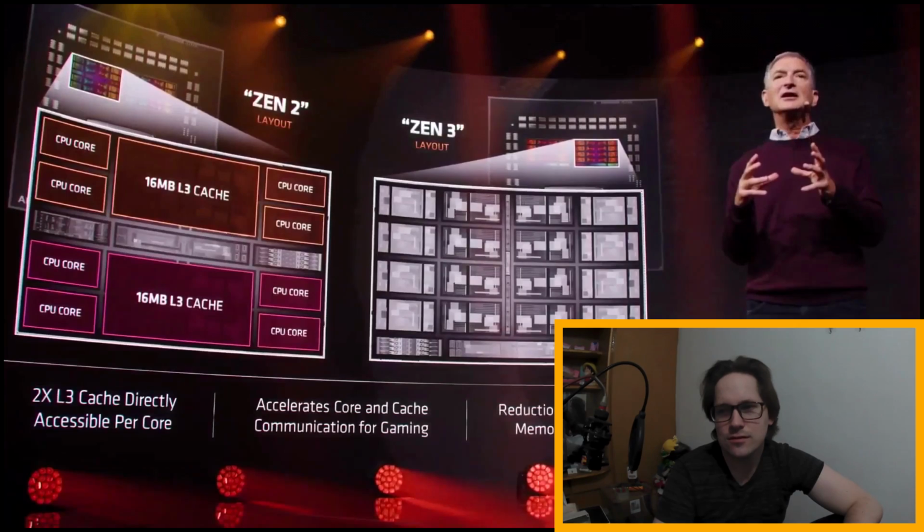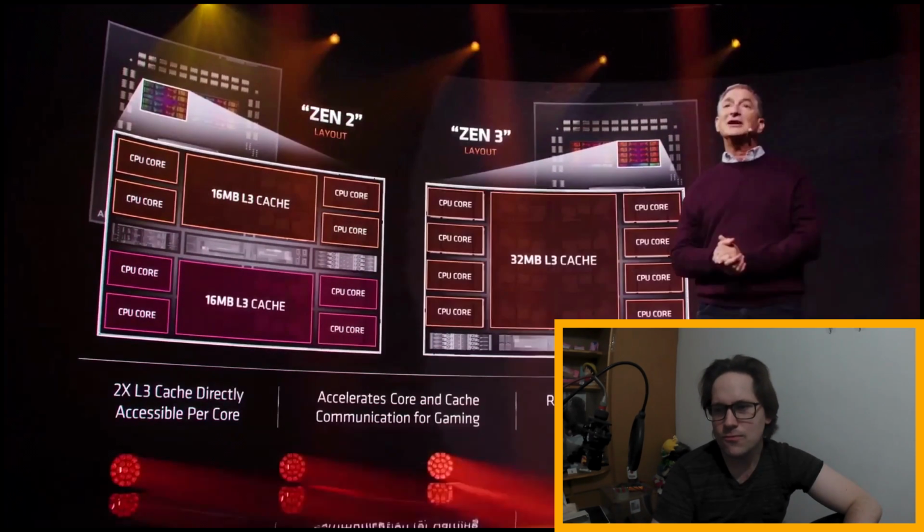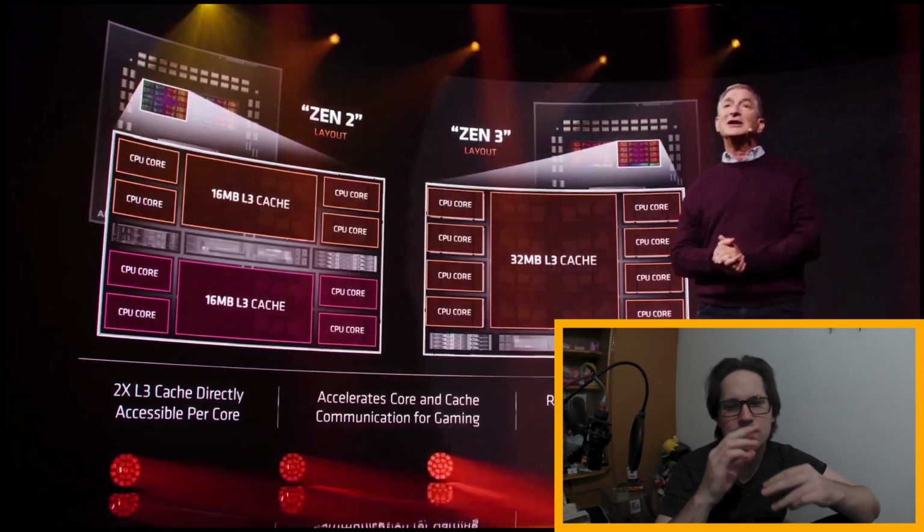So we've got a slide of the Zen 2 layout and the Zen 3 layout. Like he was explaining, we have 8 CPU cores on the left on the Zen 2: 1, 2, 3, 4, 5, 6, 7, 8, and 2 separate level 3 caches.